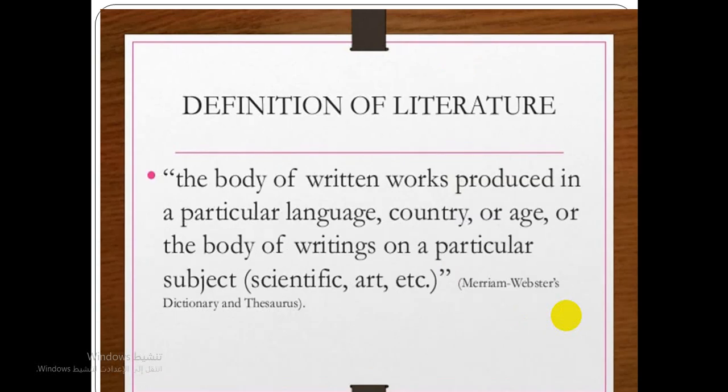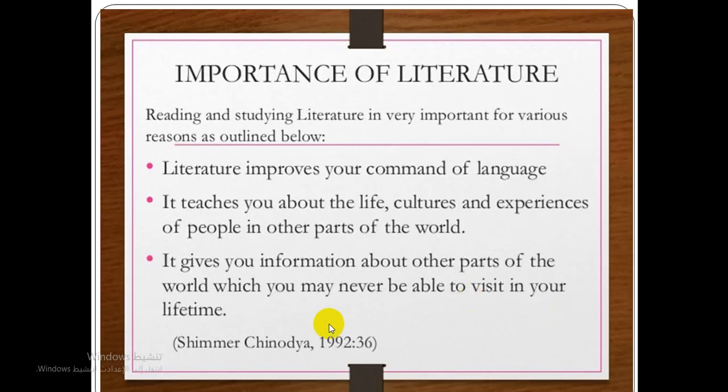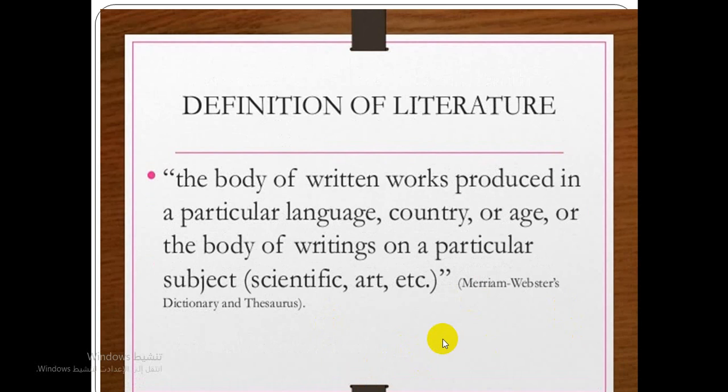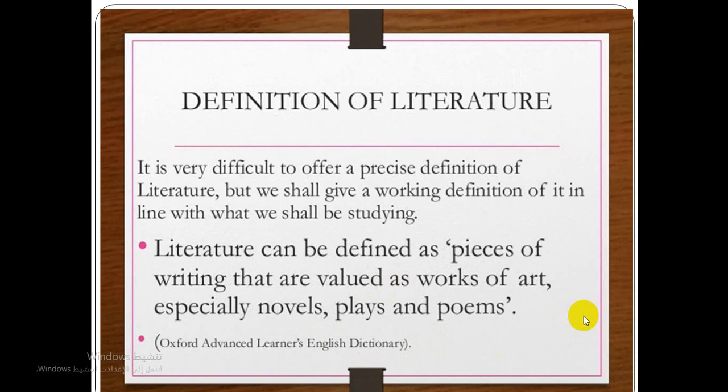Another definition of literature is the body of written works produced in a particular language, country, or age, or the body of writings on a particular subject, scientific, art, geography, etc. Looking at the previous dictionary definitions of literature, we may define literature generally as any body of written works that is written and produced in any country, language, or age for a specific purpose, such as information, education, or entertainment to the reader, which can be fictional or non-fictional in nature.